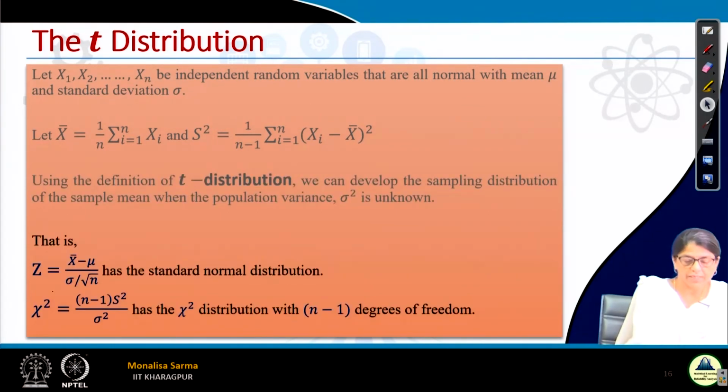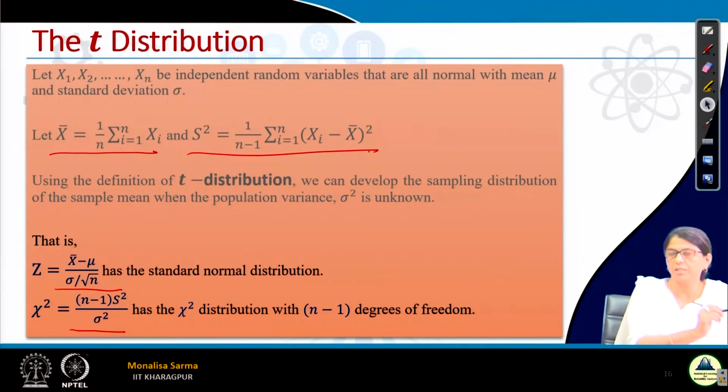So we have z equal to this, and chi-square is this. From the sample, if x1, x2, and so on are independent random variables with mean mu and standard deviation sigma, then I can find x bar this way and s squared is this, the sample variance. This I already know.